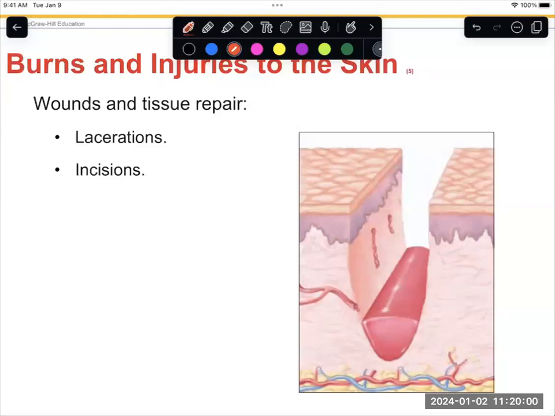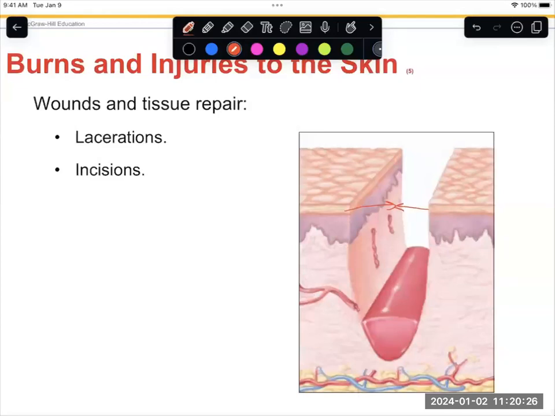So these cells right here are going to come and fill in this gap and heal this area. This picture here shows a deeper cut or wound. This could have been from an incision down.